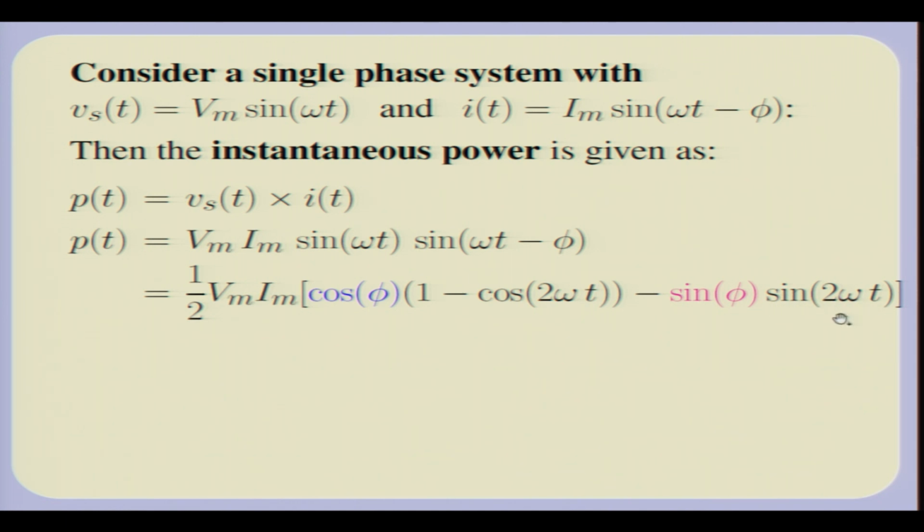An interesting thing is that the electrical power p of t is varying, it is not constant. So in a single phase circuit the power is varying at twice the frequency of the input. That is an important thing which you should remember.